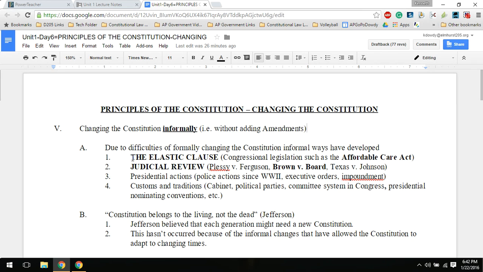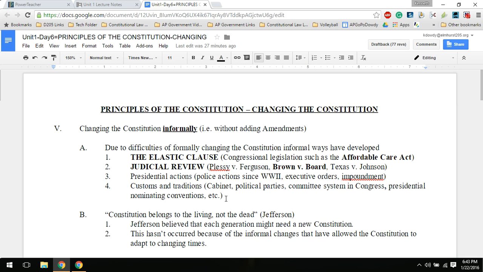You'll get into all this when you get older and have real jobs, but as long as the federal government can tie what they're doing to a specific power in the Constitution, they're usually able to do it via the elastic clause or the necessary and proper clause. So it's very necessary that they have an agency like the IRS to carry out the enumerated power of taxation in this case.